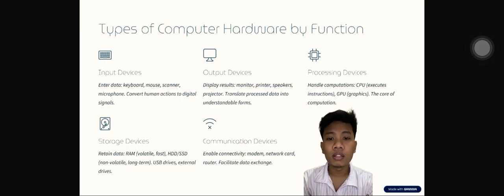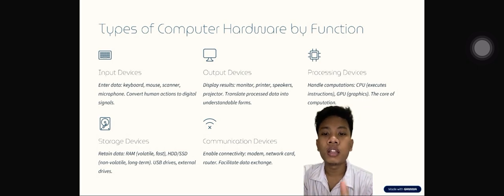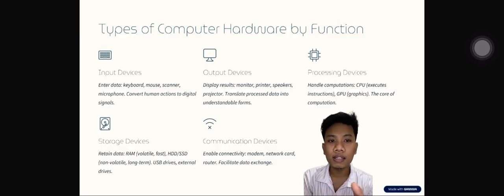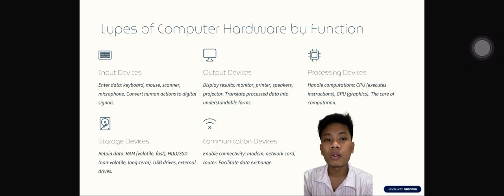Then the computer hardware has 5 types. The first one is input devices. These devices allow users to enter data. The second is output devices. These devices display or produce the result. The third, processing devices. Core components such as the CPU and GPU handle calculation.